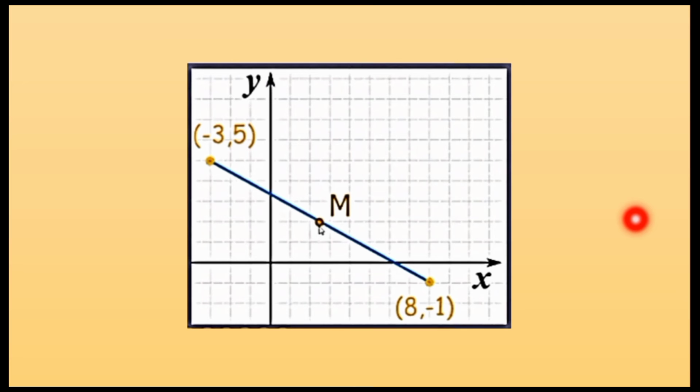This is the graph of the endpoints of the quantity of -3 and 5 and the quantity of 8 and -1. So the midpoint is the quantity of 5 over 2 and 2. So the midpoint is in the first quadrant, and the endpoints are in the second and fourth quadrant.